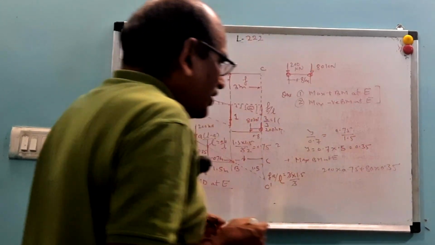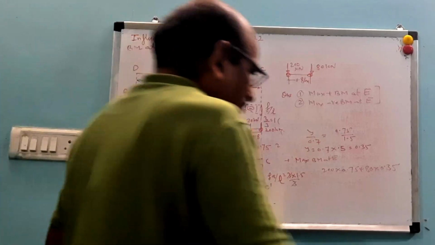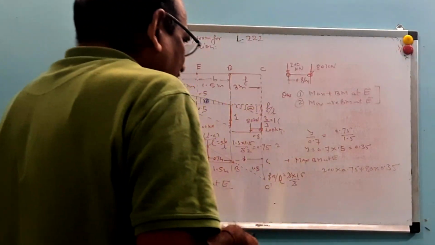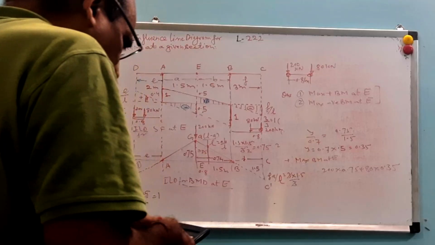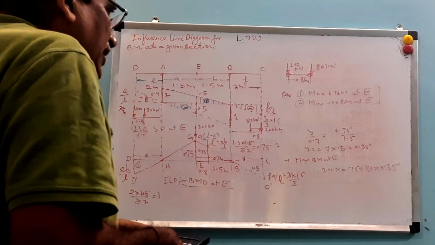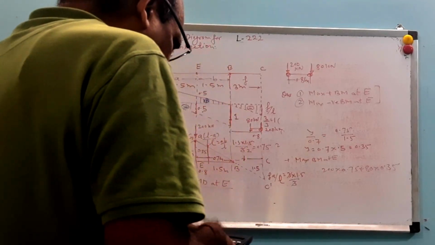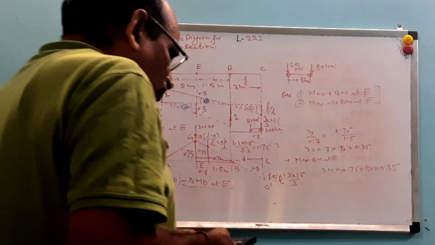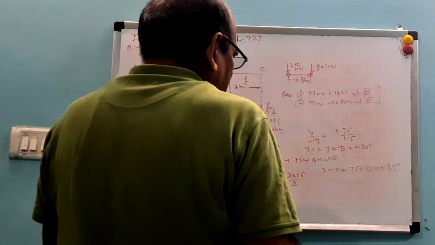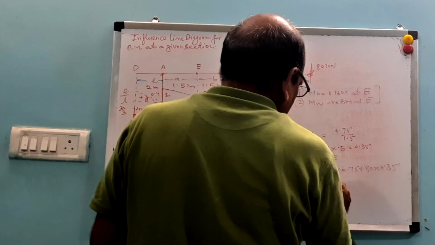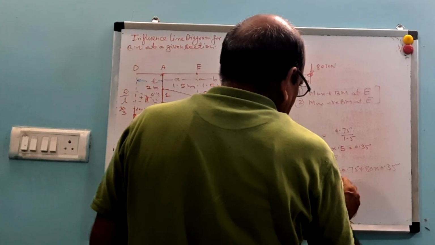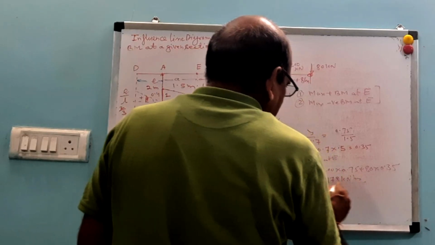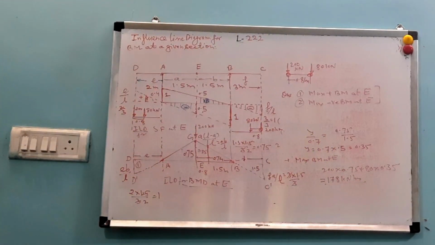Please take it like this: 80 into 0.35 plus 200 into 0.75 gives 178. So this is coming 178 kilonewton meter. This is your maximum bending moment.